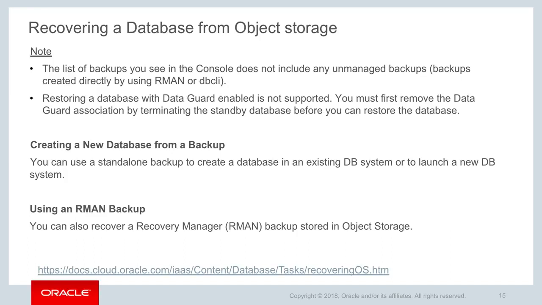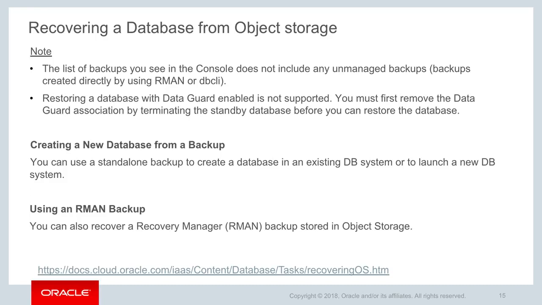You need to note that the list of backups you see in the console does not include any unmanaged backups. And when I say unmanaged backups, I mean backups that are created directly by using RMAN or DBCLI. Also, restoring a database with Data Guard enabled is not supported.